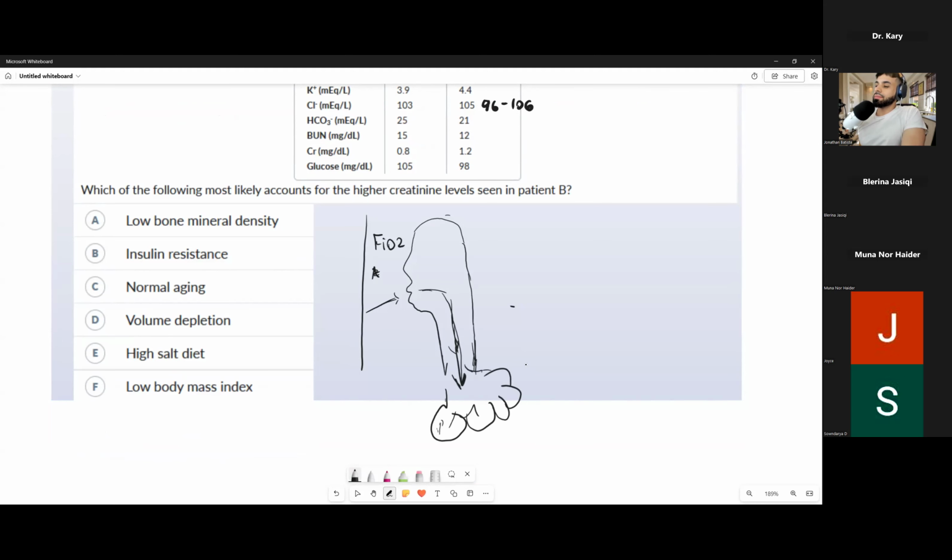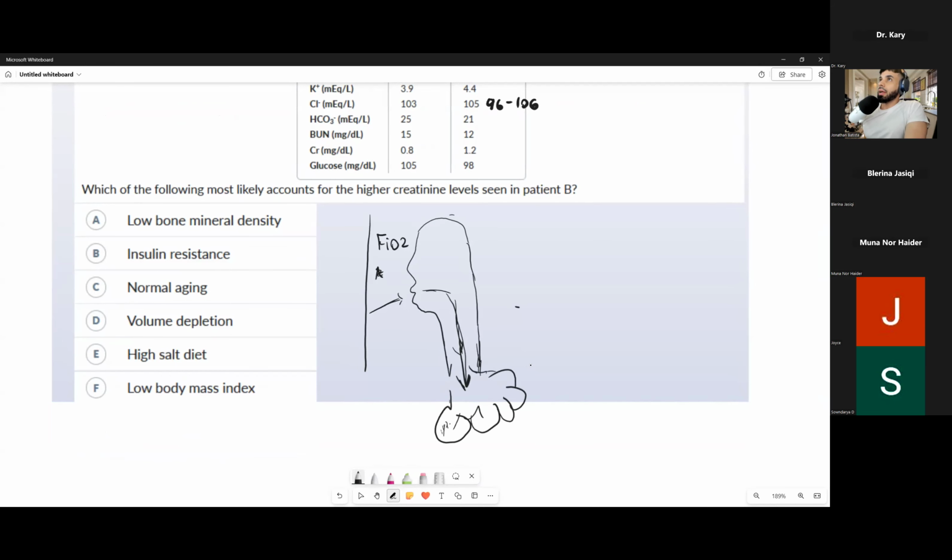That's called ventilation. After ventilation, you'll notice that there is perfusion. This oxygen then has to go into the vessels. Capital A represents the partial pressure of oxygen in the ventilatory system. The lowercase a, PaO2, represents the dissolved partial pressure of oxygen in the blood.